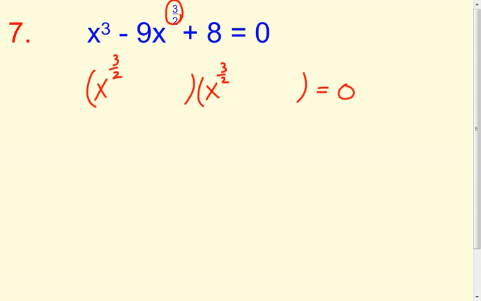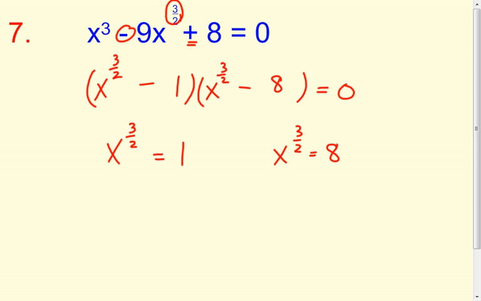To get 8 in the back, I could go 1 and 8 or 2 and 4, but I have a negative 9 in the middle, so I am going to go 1 and 8. And it's a plus at the end, so it either needs to be plus plus or minus minus. This, of course, will be minus minus because of this right here. So I have x to the 3/2 equals 1, and x to the 3/2 equals 8.